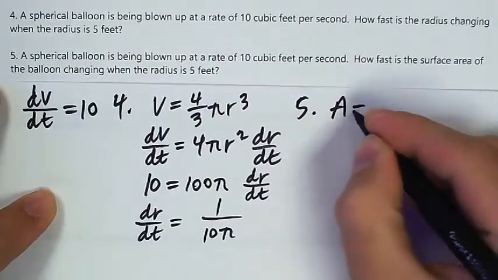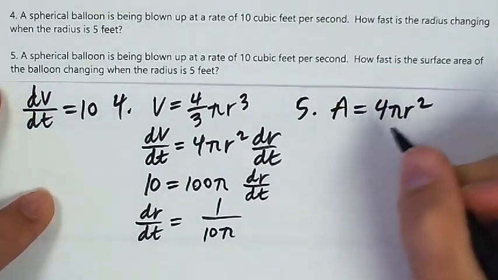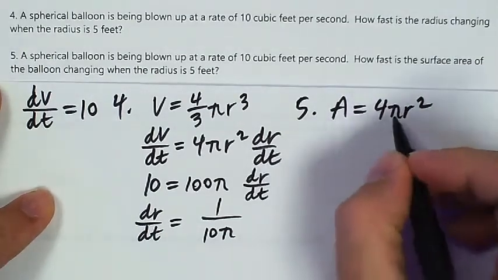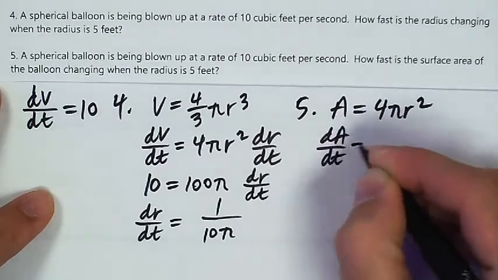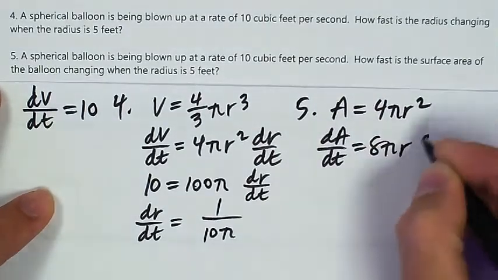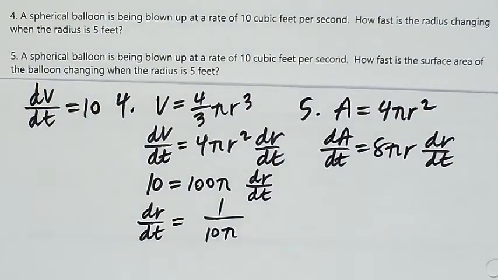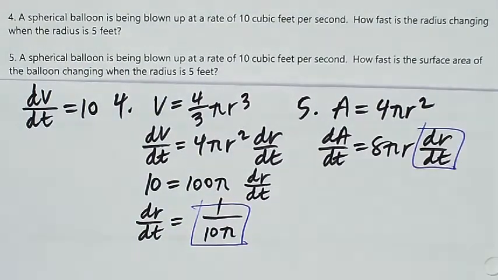Well, the surface area of a sphere is 4 pi r squared. And no shame if you had to go look that one up. That one's usually going to be just given to you in the statement of the question. Area is 4 pi r squared, so dA/dt is 8 pi r dr/dt. Fortunately for me, I just found dr/dt in the previous problem for this scenario, so I'm just going to plug in there.